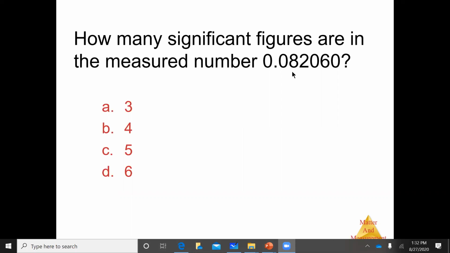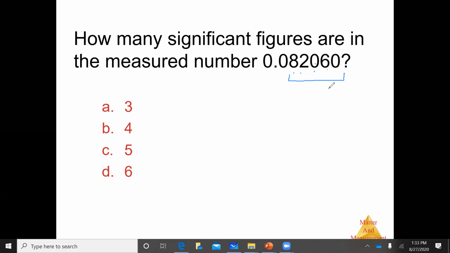Okay, so when looking at this, we've got a number that has a bunch of zeros in a bunch of different places. So I want to find my base number. So my base number is this sort of thing here. Obviously the 8, the 2, and the 6 are significant because they're non-zero. This 0, real easy, is significant because you can't be imprecise, then precise.